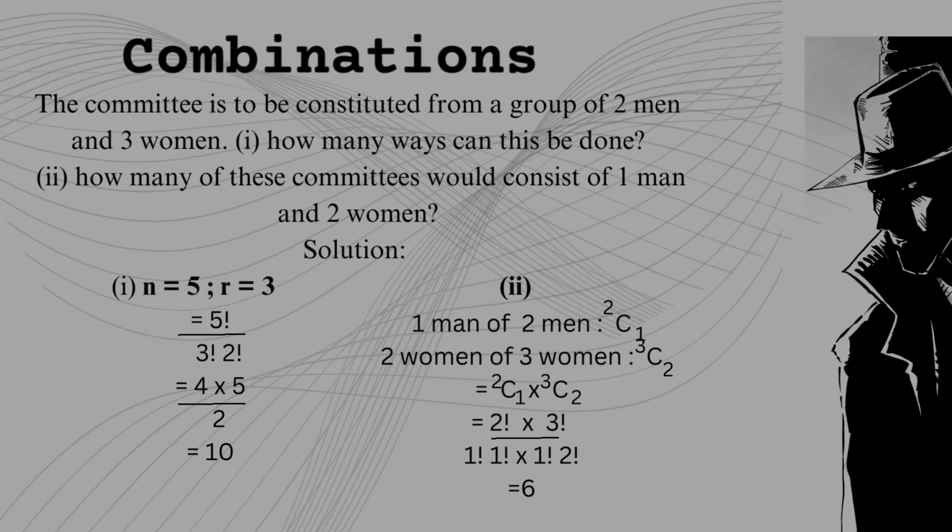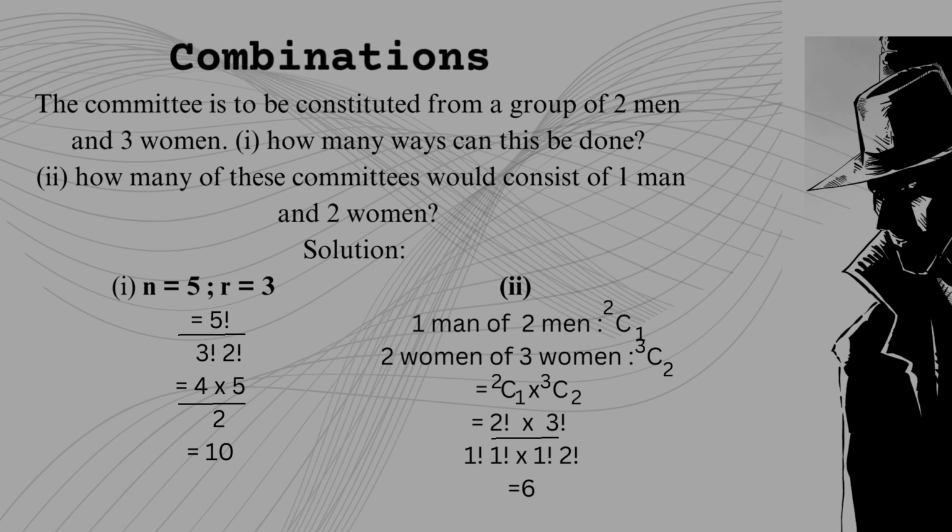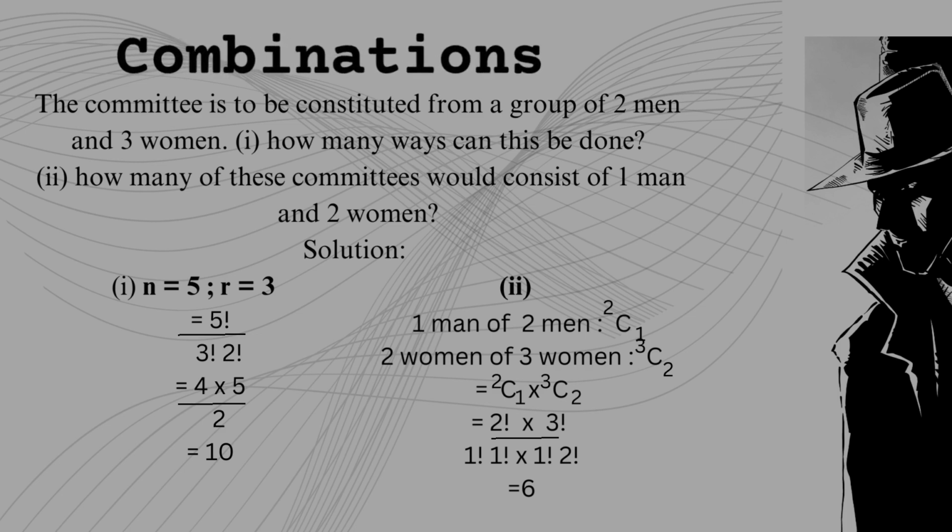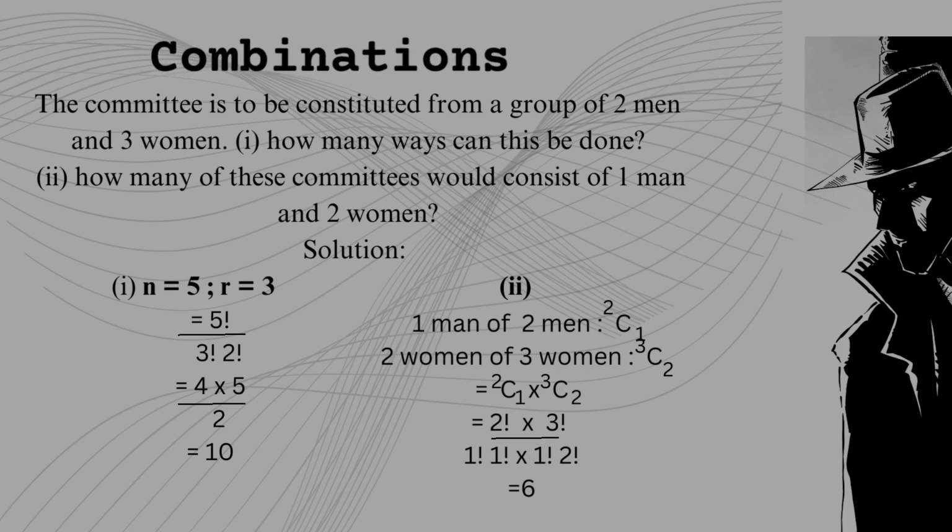There will be as many committees as there are combinations of 5 different people taken 3 at a time. Hence, the required number of ways is 5C3, which is equal to 5 factorial by 3 factorial into 2 factorial, that is equal to 4 into 5 by 2, that is equal to 10.